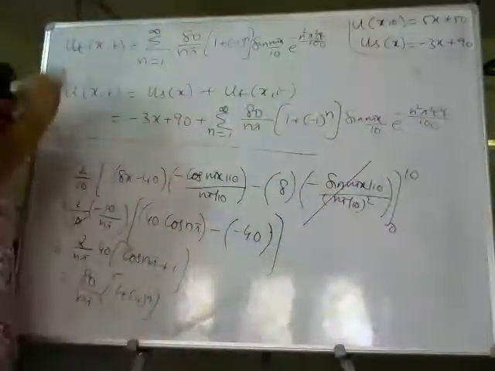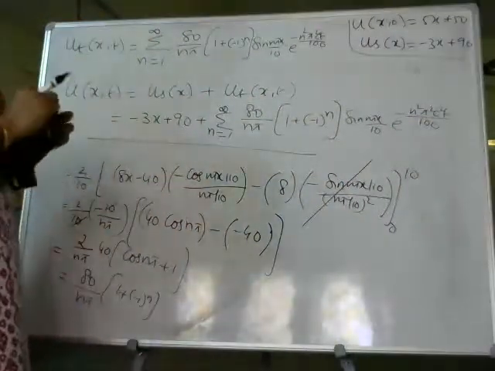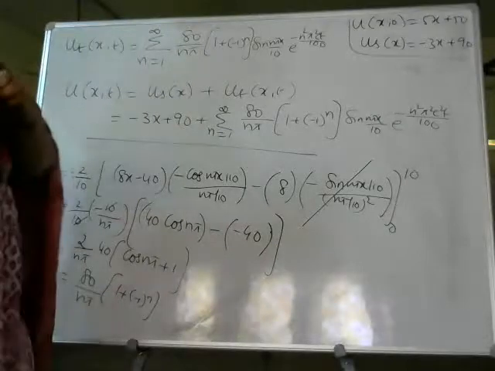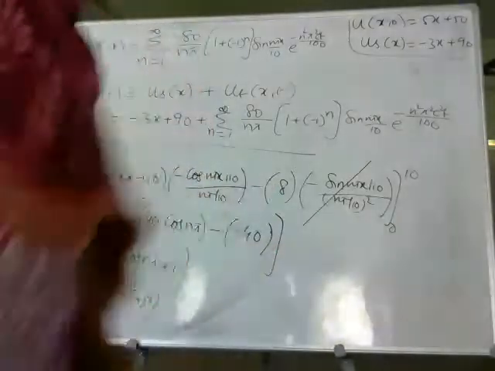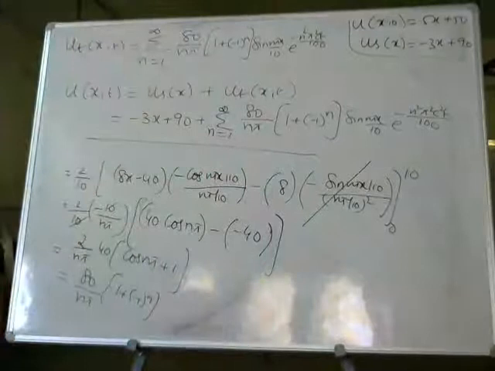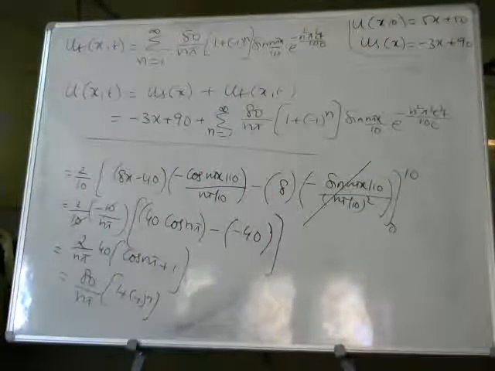This gives the complete solution. You can observe here that since the end temperatures are not zeros, since we are given non-homogeneous conditions for the end points of the rod, we have modified the procedure by splitting the solution into two parts.